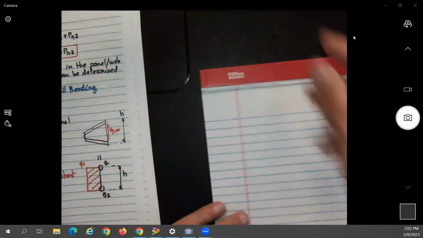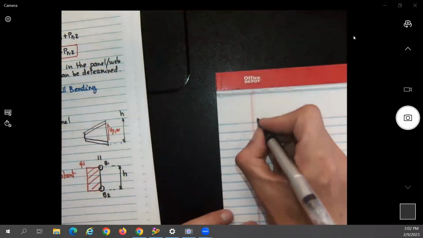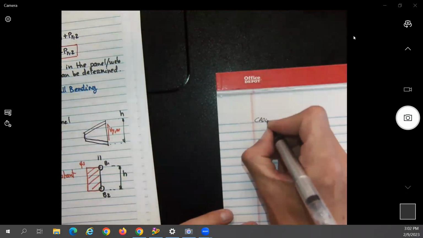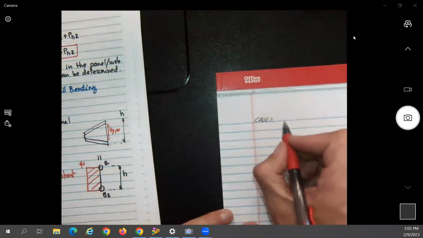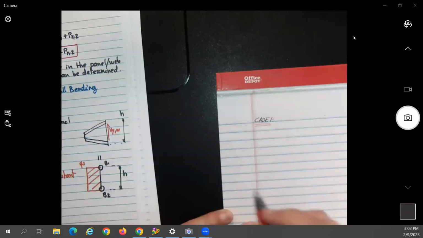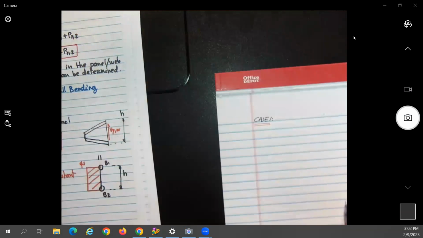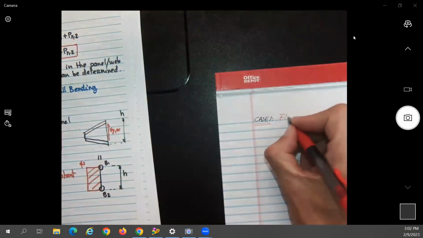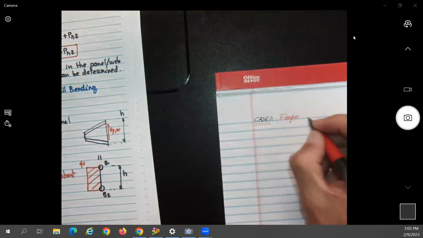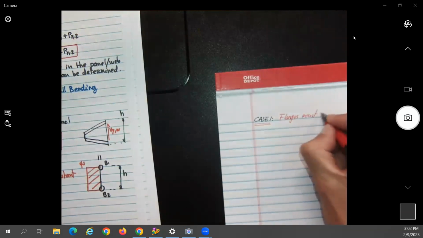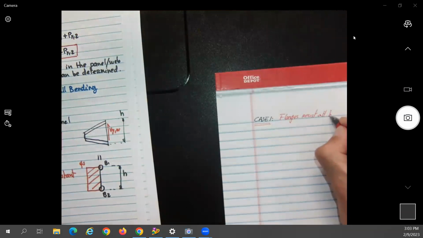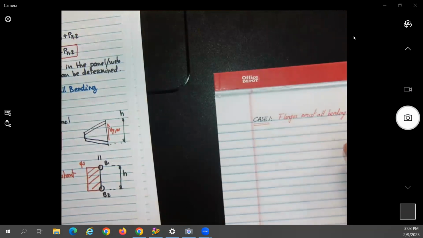And we're going to look at case 1. What's case 1? Or what did I call it? Flanges. It's the same as stiffness, resisting all the bending moment.